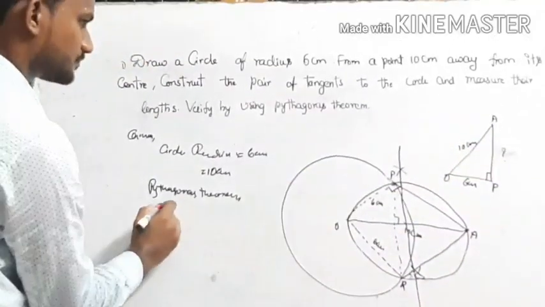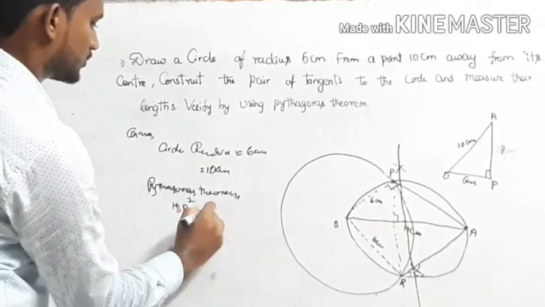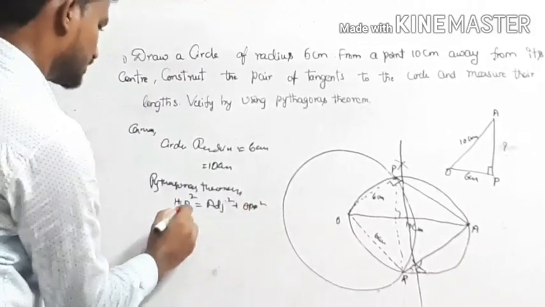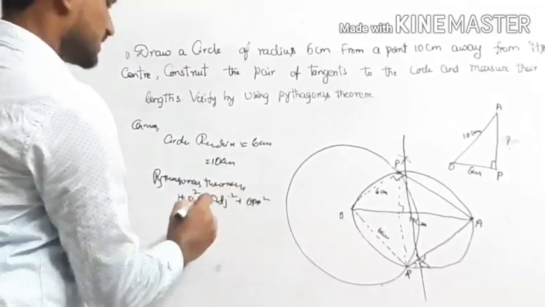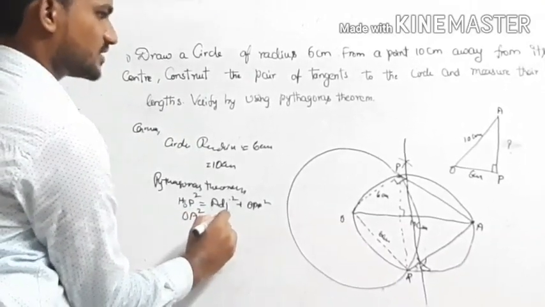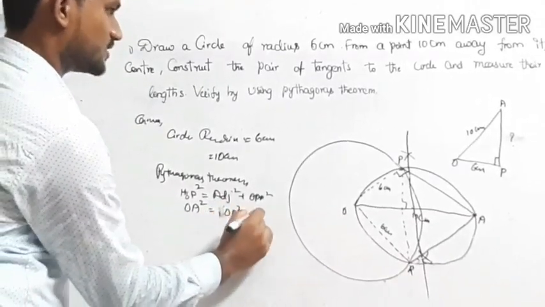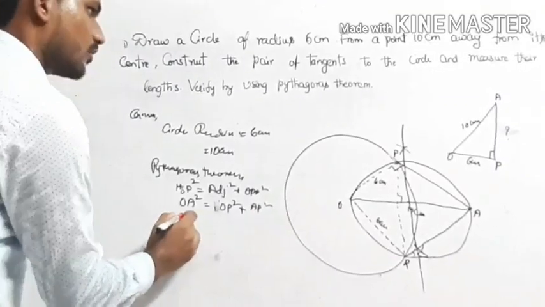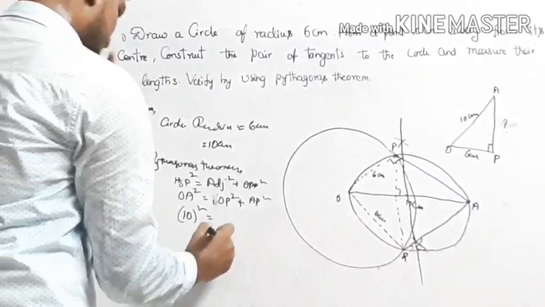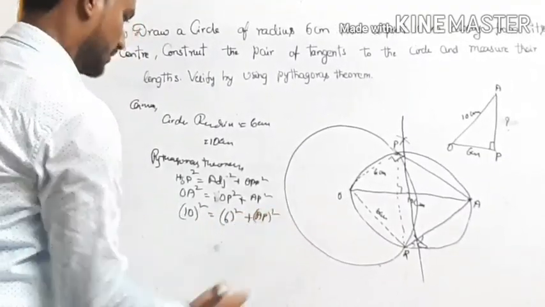Hypotenuse square equals adjacent square plus opposite square. Hypotenuse is OA, so OA square equals OP square plus AP square. OA is 10 centimeters, that is 10 square. OP is 6 centimeters, 6 whole square, plus AP whole square.